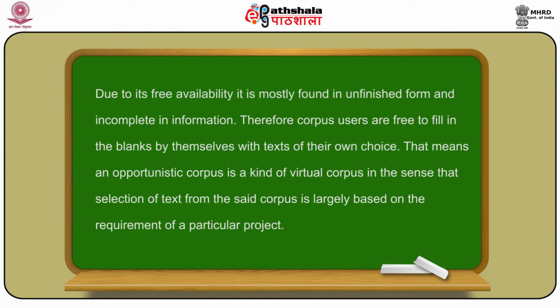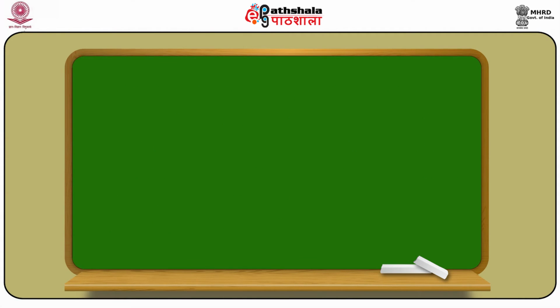Therefore, corpus users are free to fill in the blanks in the corpus by themselves with texts of their own choice. That means an opportunity corpus is a kind of virtual corpus in the sense that the selection of text from an opportunity corpus is largely based on the requirements of a particular project.